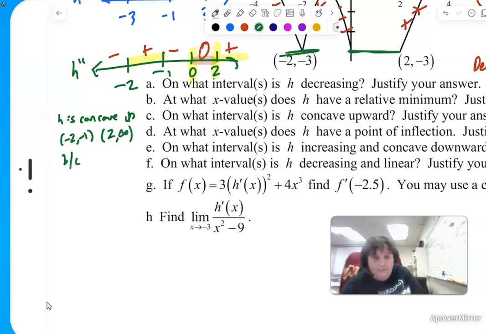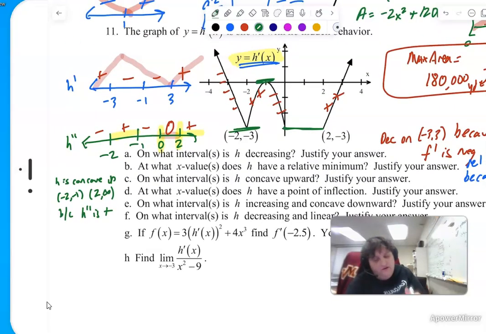Because normally I would want to say H double prime is positive, but I'm not allowed to say that, remember? I can't say anything about H double prime. I have to talk about what was given to me, which is H prime. So I switch that. And what does it mean that H double prime is positive? H prime is increasing. That's what that means. Okay, so that was part C.